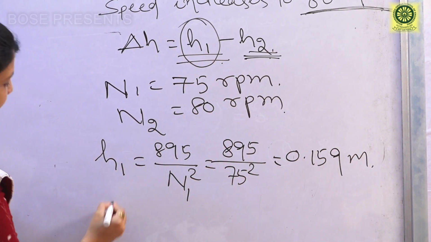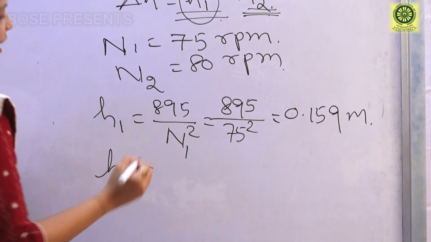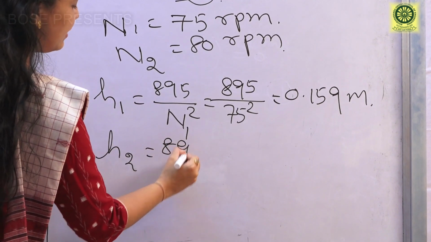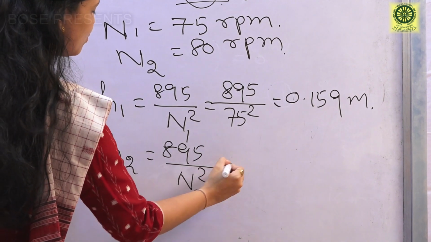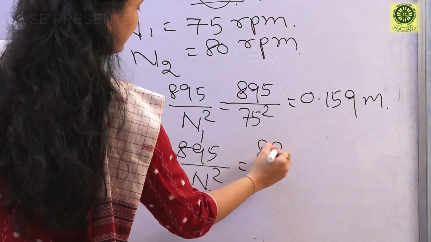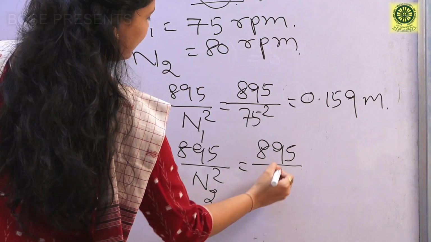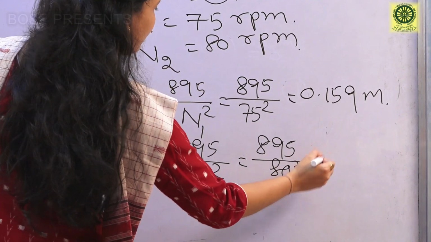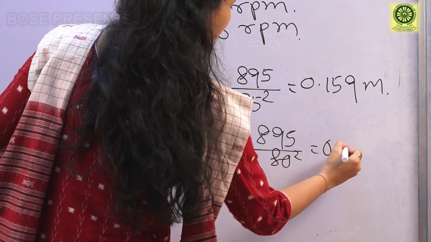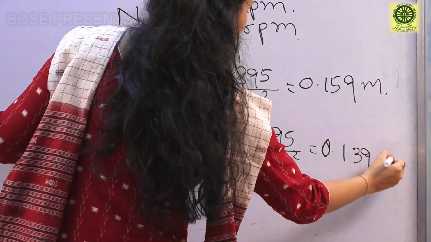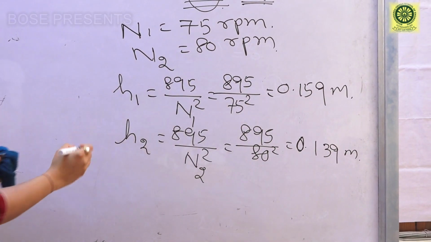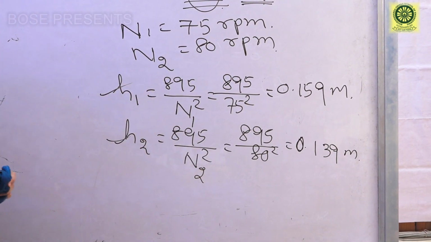Now come to h2. h2 equals 895 divided by n2 square, which equals 895 divided by 80 square, that is 0.139 meter.